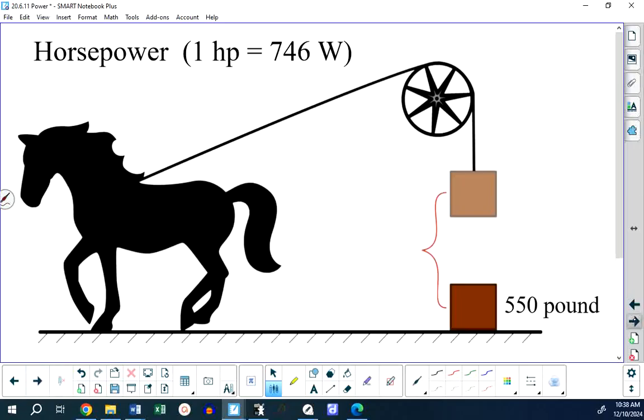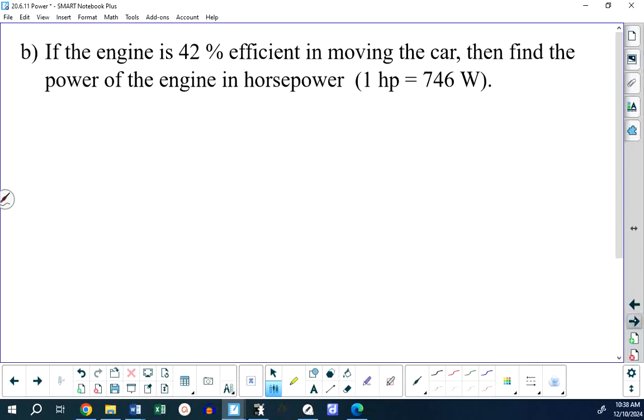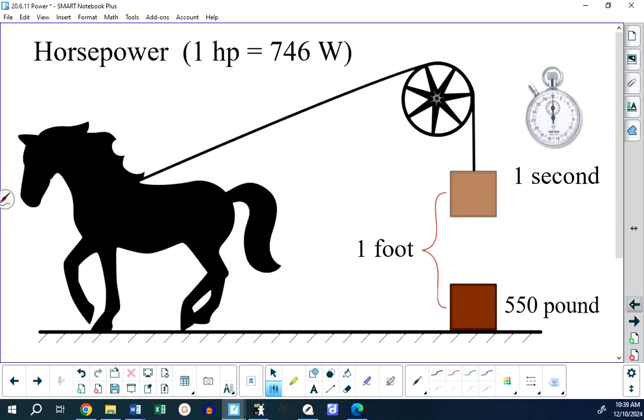If you have a mass, don't ask why, because I don't know, of 550 pounds, and you connect it to a pulley that a horse is going to use to lift this 550-pound mass 1 foot in 1 second, then that's 1 horsepower. Just turns out that that's the definition. It's a goofy definition, but science was not always as sophisticated as it is today. We go back even 100 years, 200 years, things were different.